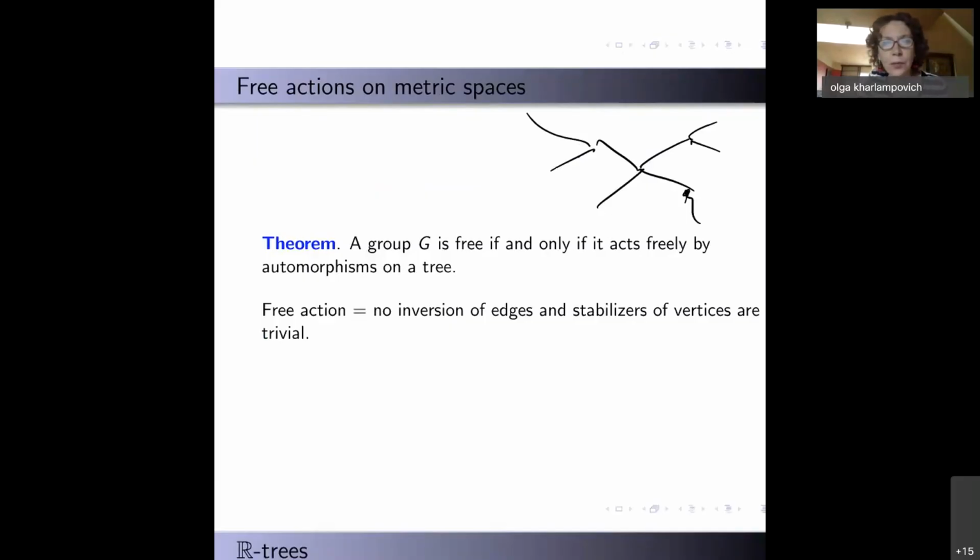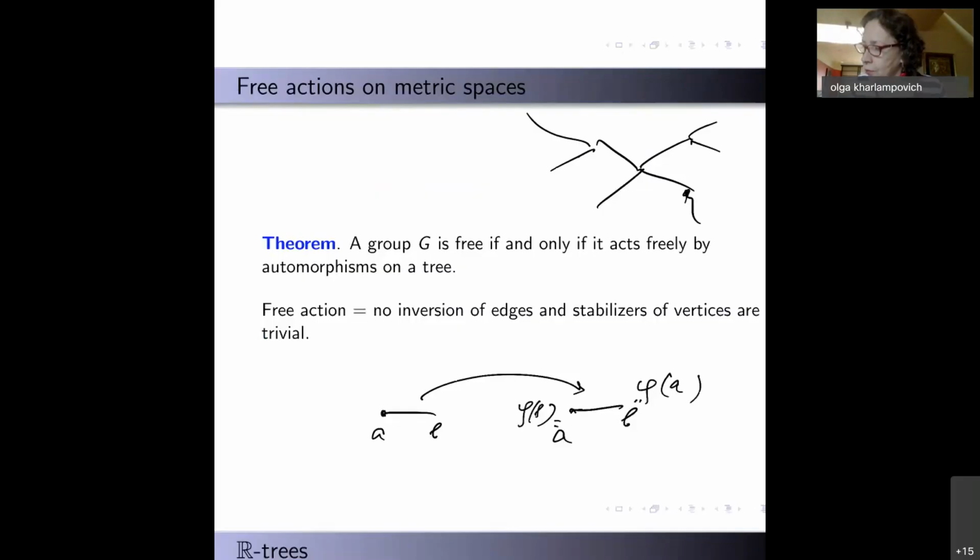Now, we say that the action is free if there are no inversions on edges, like it does not flip the edge AB, so that B becomes phi of A and A becomes phi of B, and the stabilizers of vertices are trivial, meaning for each vertex, the stabilizer of this vertex is trivial. So this is a free action.